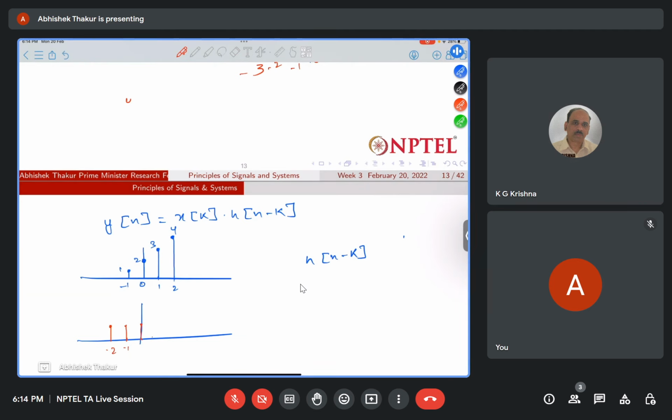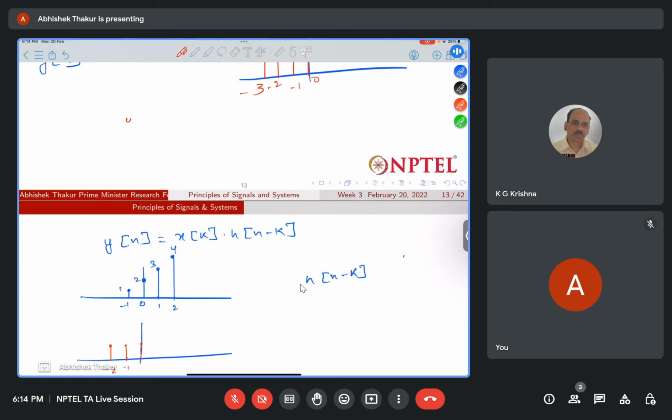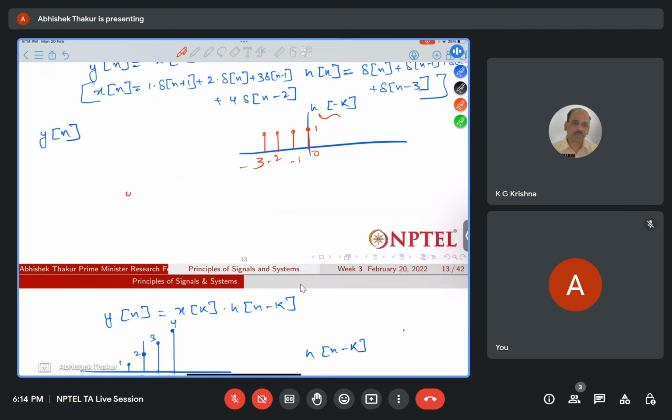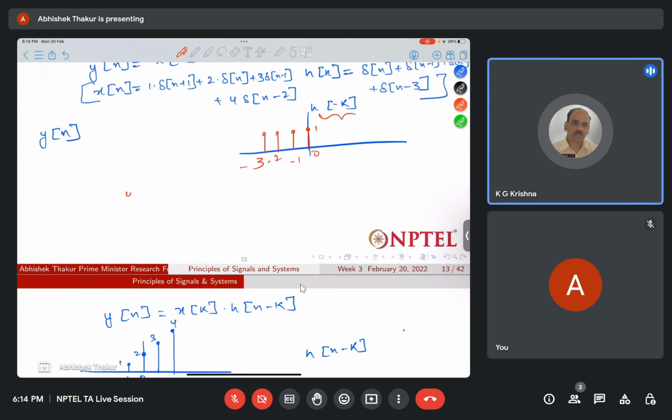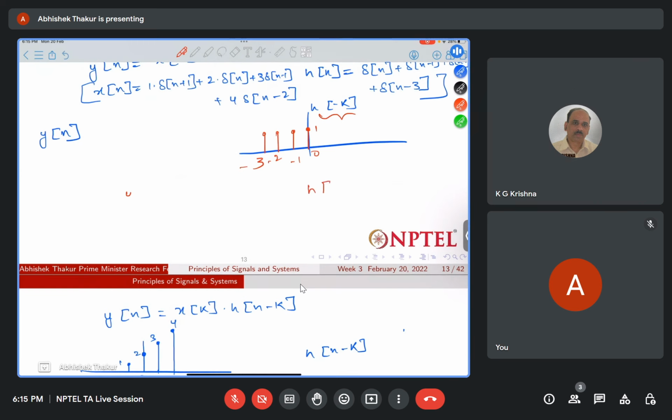No, it will shift to right, because here it is h of minus k already. If we are doing h of 1 minus k, like if you are just adding 1, then it will go 1 unit right side in this case, because here it is h of minus k. Don't get confused with this.